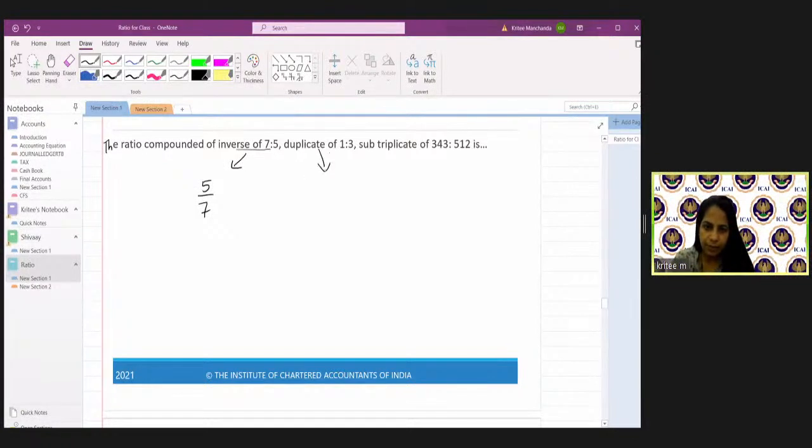Duplicate of 1/3 is 1/9. Subtriplicate of 343 is 7, and 512 is 8. And you have to compound them. So you multiply. With 7, the 7 is gone. 5 is to 72. This is the answer.